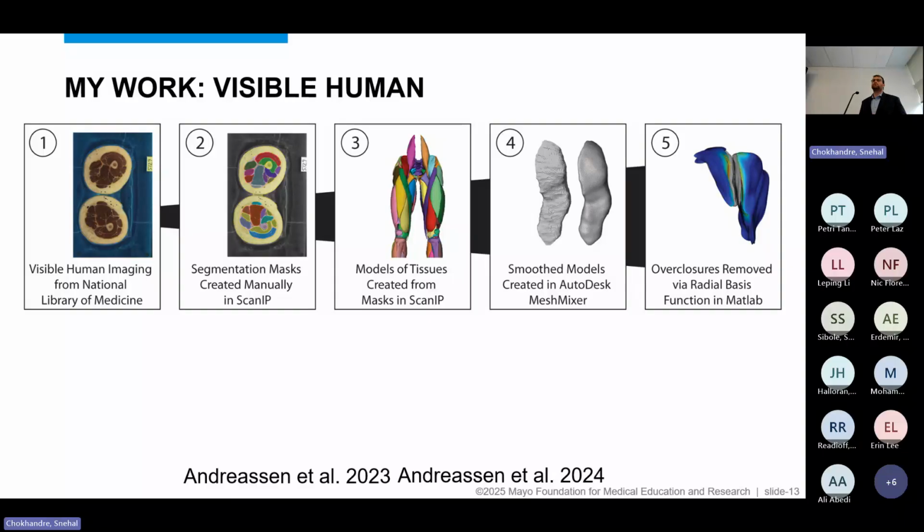The thing that annoyed us the most was we would download some data set or find someone had provided the visible human with this, and we look at it and we're like, that mesh is terrible. I'm going to have to spend weeks fixing all this, at which point I should just start from scratch anyways, right? It would take less time. So we wanted to give people what we think they want, which is you download it, you put it in the modeling software and you hit run and there are no convergence issues, right?